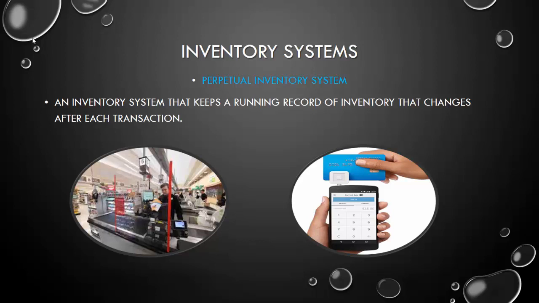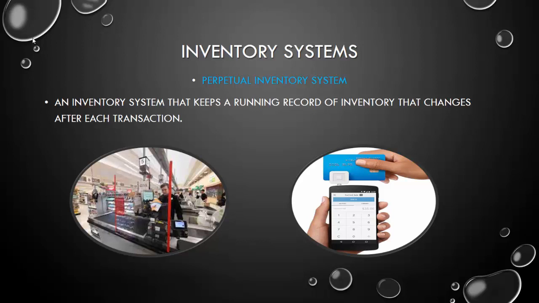And when this came around, it really gave rise to the perpetual inventory system because the technology made it much easier for companies to use this method, to change their inventory every time they had a transaction. And then technology got even better. And now, with your smartphone and a few apps, even the smallest of businesses can scan QR codes, run credit cards, and with that keep track of their own inventory.